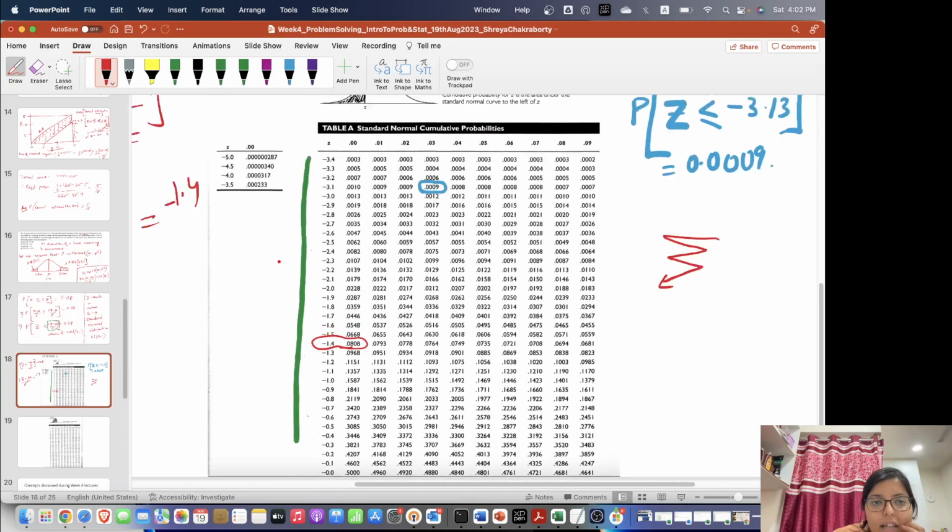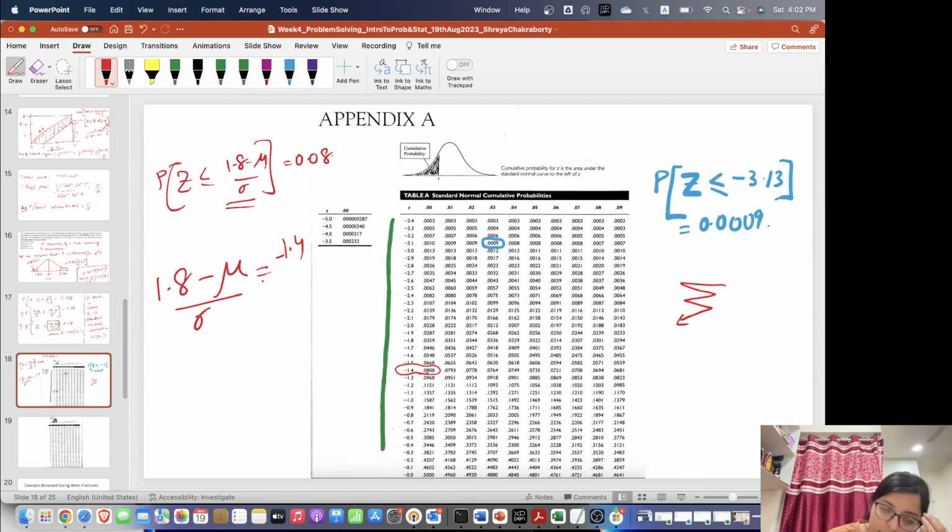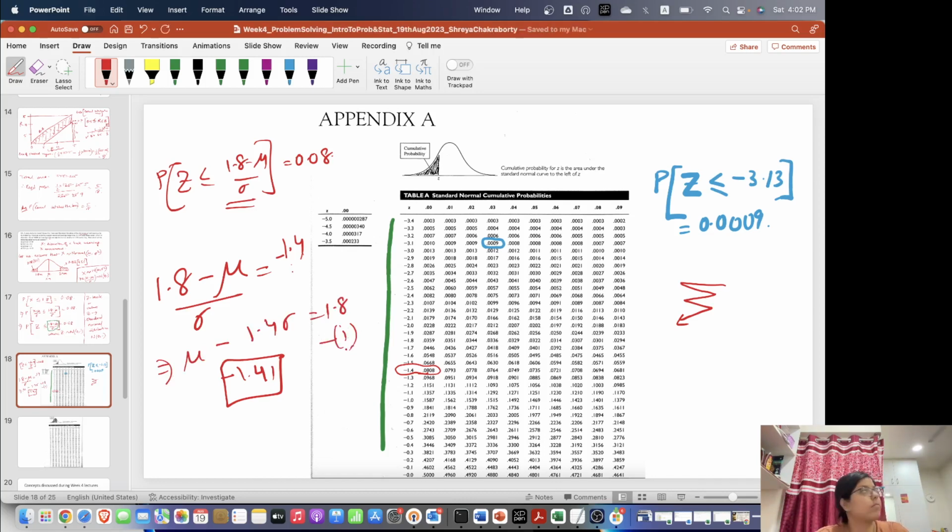Just for calculation purposes I have taken minus 1.4. You could also take minus 1.41. That is also completely fine. For the timing, I am proceeding with this. So then I have mu minus 1.4 sigma equal to 1.8. This is one equation that I have.